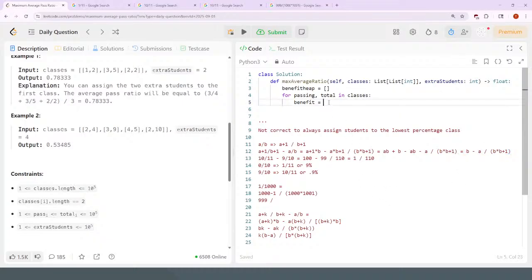So it'd be b minus a, which is total minus passing. Actually, I wonder if I should be skipping classes that are already fully passing. I guess in that case the benefit's 0.